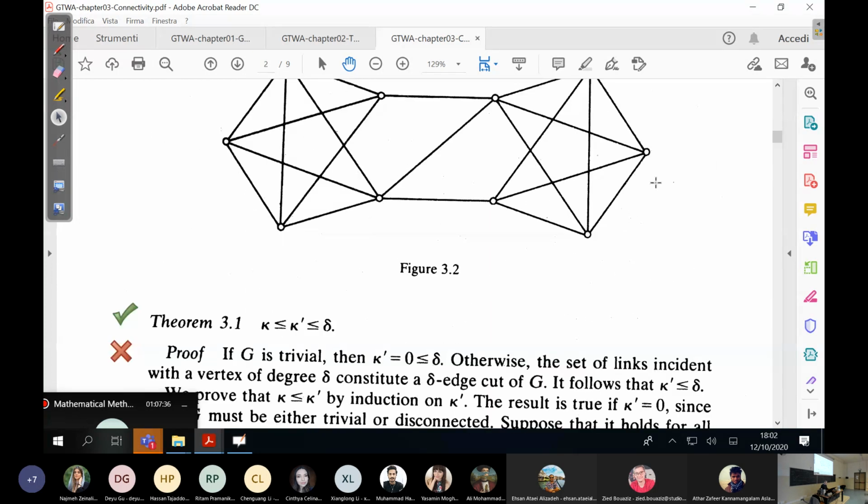Now, okay, it's easy to state the theorem. It is this. Kappa is less than or equal to kappa prime, which is less than or equal to small delta. Okay? But please, my friends, when you repeat this very easy statement, because you have a very good memory, please do know what kappa prime, and above all, what small delta is.